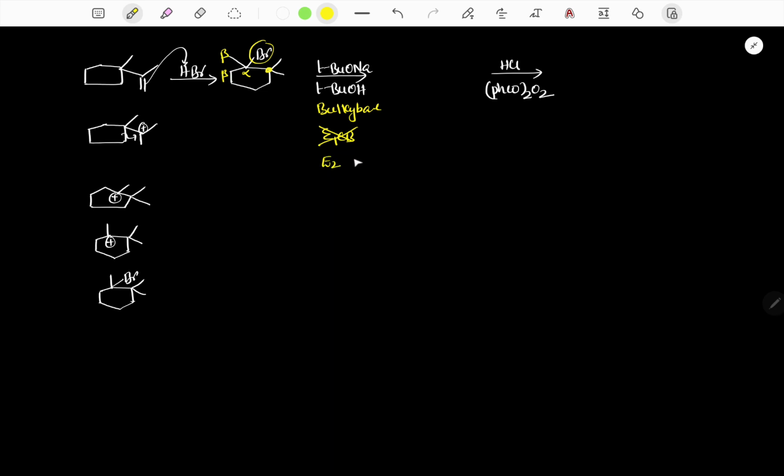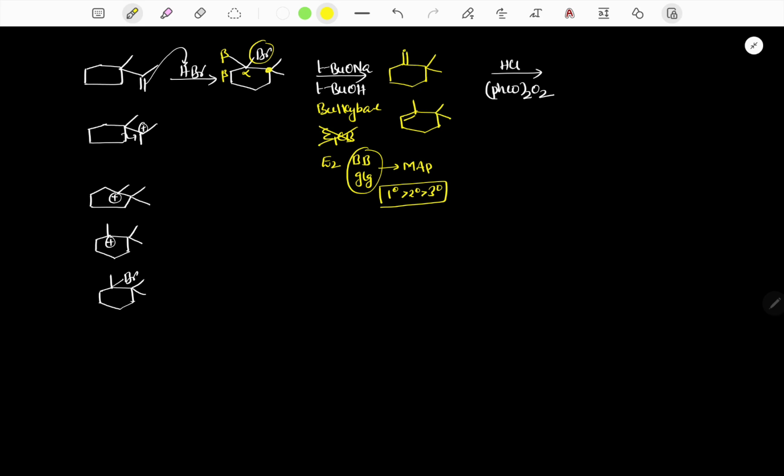Now E2. In E2 we have a bulky base and a good leaving group, so we have to focus on the most acidic proton. Generally the order is primary, secondary, tertiary, if the resonance concept is not there. That's why here we get two types of products. One product is like this, another product is like this.